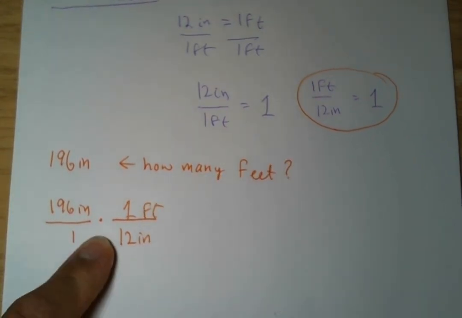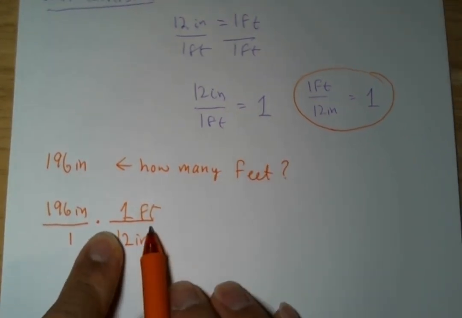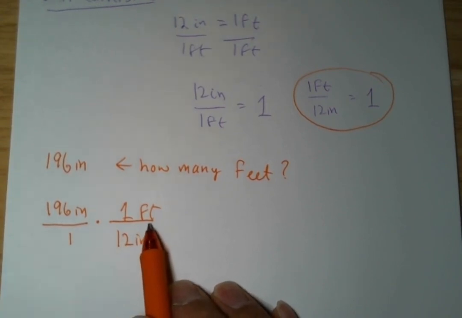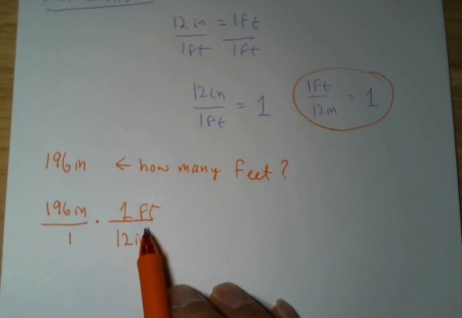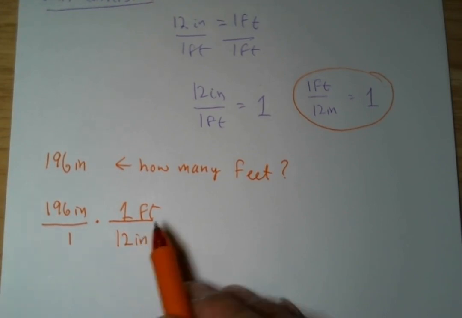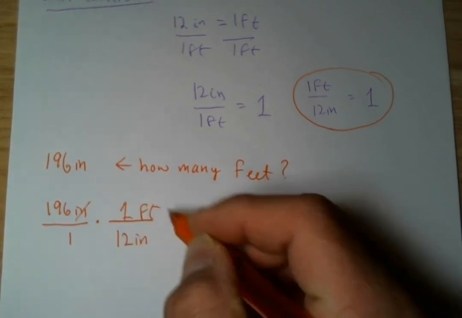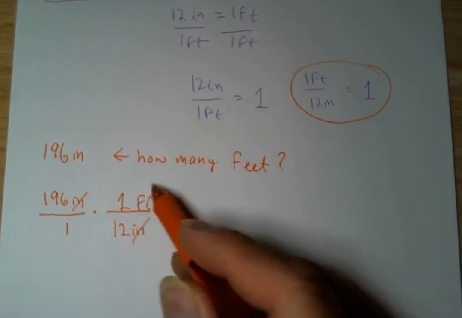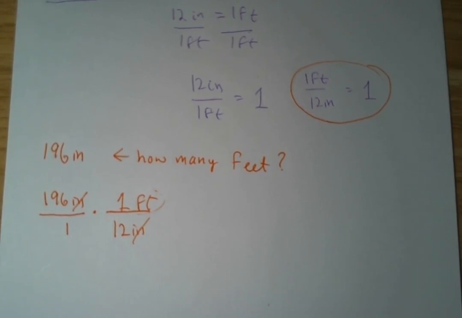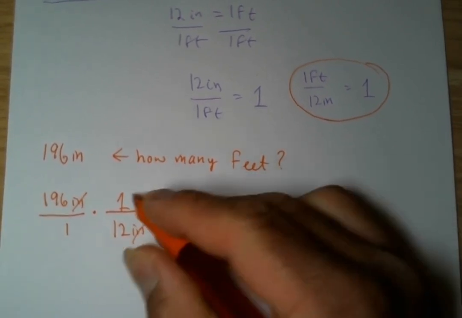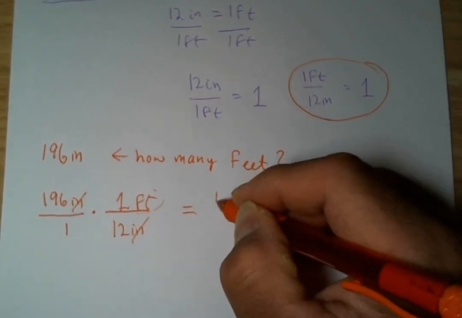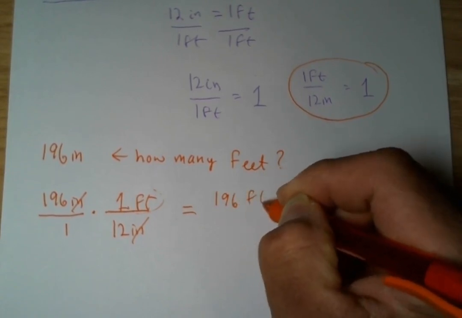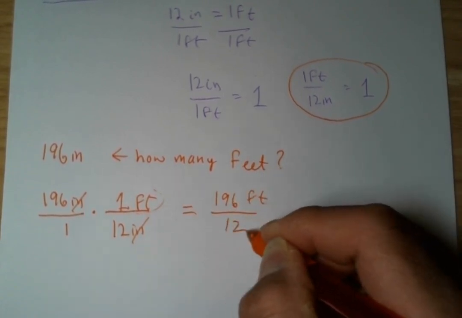Now you notice here, since we are multiplying by 1, the overall value of 196 inches does not change. What is going to change is that those units reduce to 1 or cancel out, and we're left with units of feet, which is exactly what I want. So what we have here is 196 times 1, and then 12 times 1, 12.